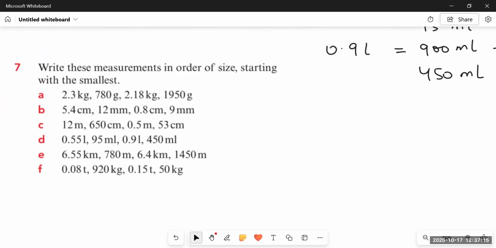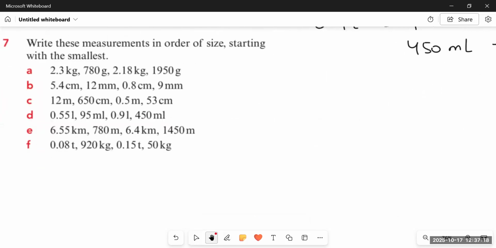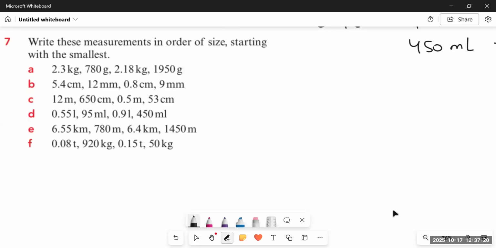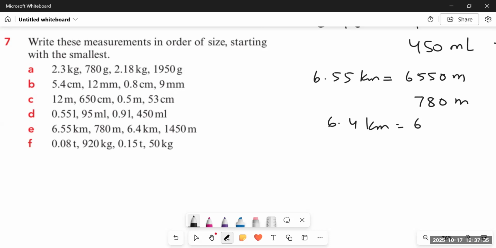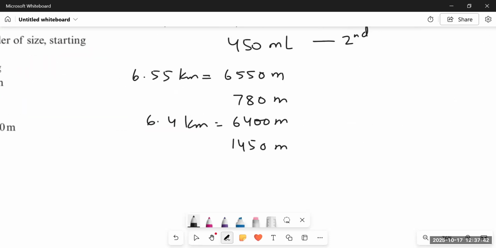Okay, students, I hope it's now easy for you to understand. And then we have 6.55 kilometers, which is 6,550 meters. Next one is 780 meters. Then 6.4 kilometers is 6,400 meters. And then 1450 meters. This one is the first, second, third, and fourth.